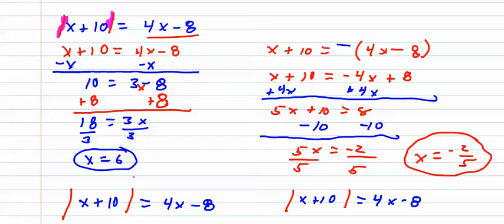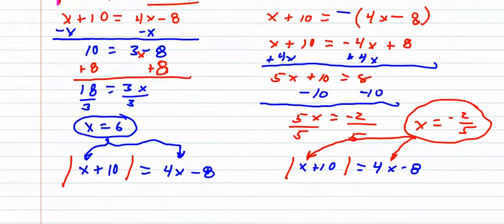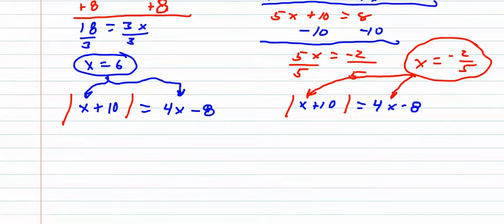Now we put this x equals 6 in here and here, and we put x equals negative 2/5 in here and here. And we want to check and make sure they're both true. Sometimes they'll both be true, sometimes one will be true, one won't.